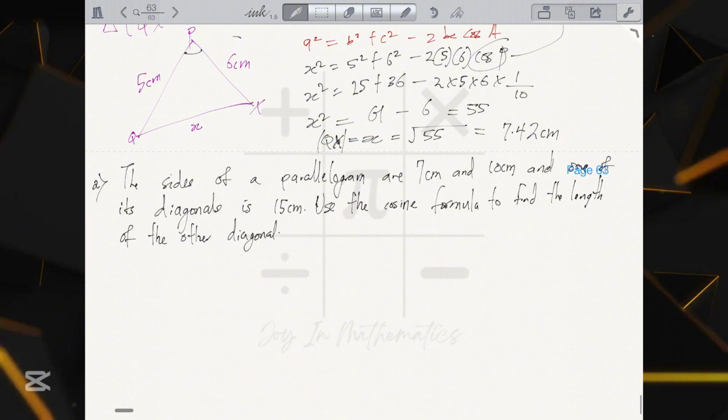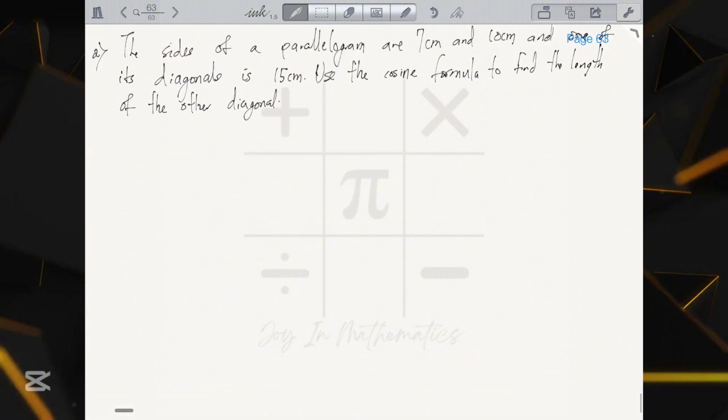So the first thing we do is to draw the picture of the parallelogram. So we have the parallelogram, let's say ABCD. The sides are 7 centimeters and 10 centimeters.